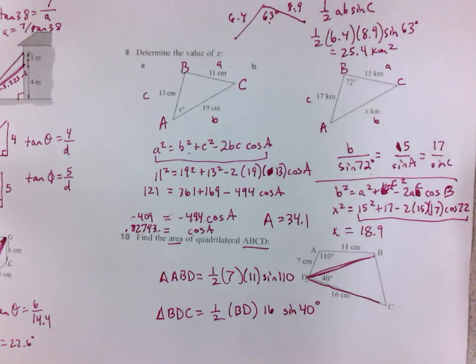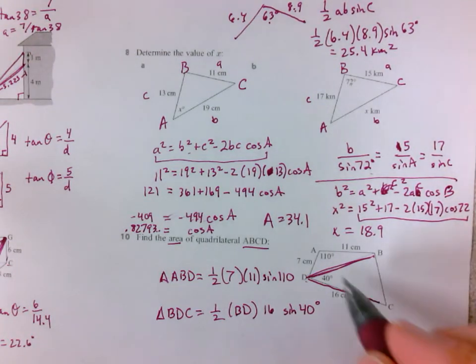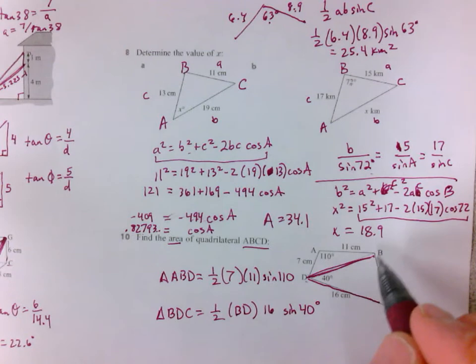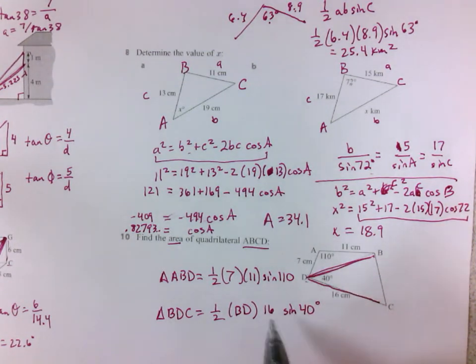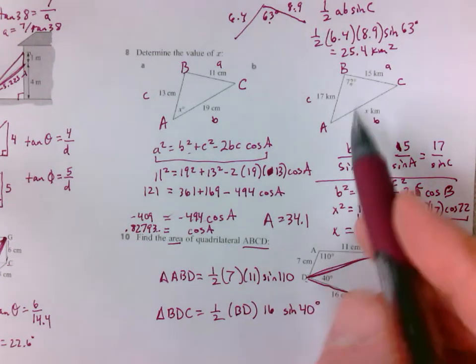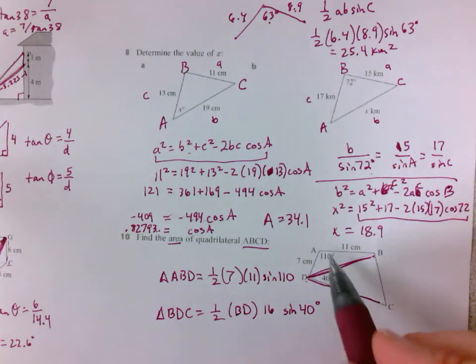So let's see here. What all do I know? Well, to find BD, I'm going to use this original triangle here. And so I know two sides and an angle. It's just like this problem right up here.